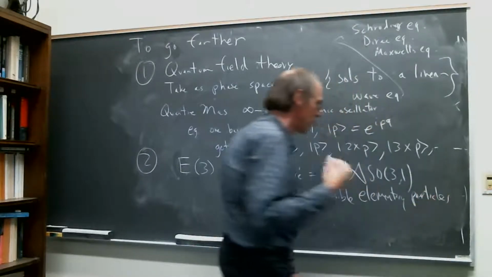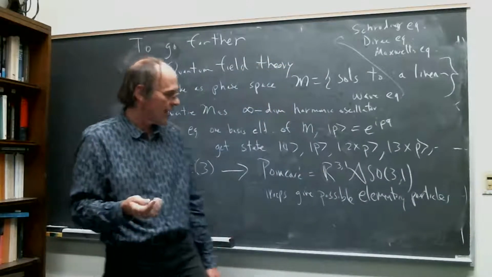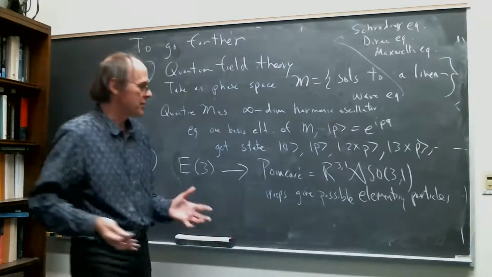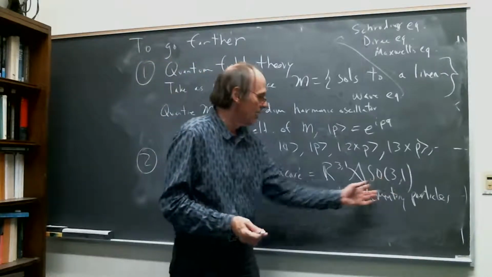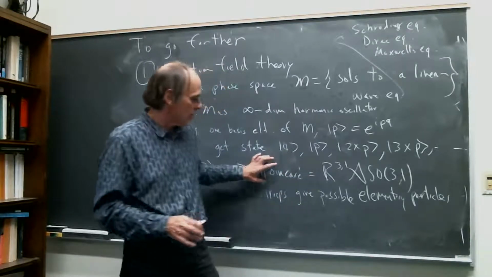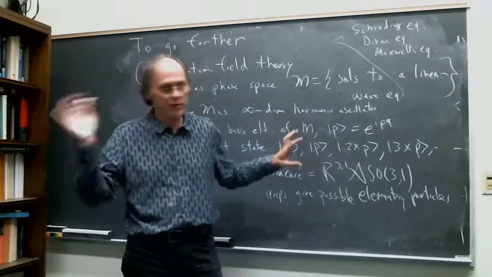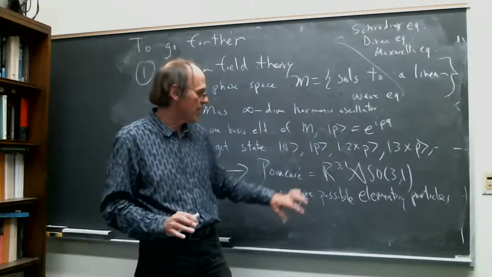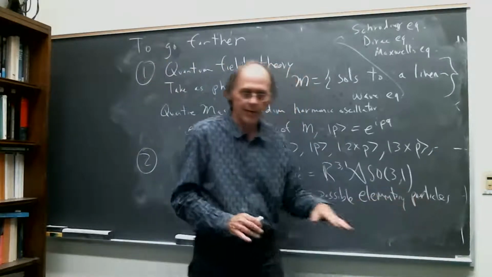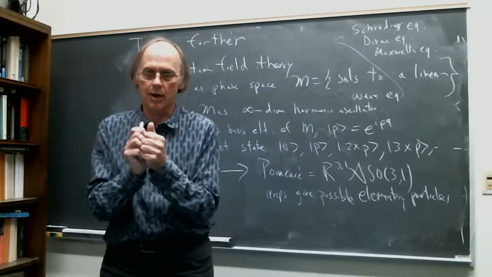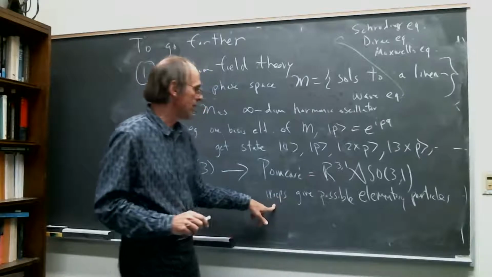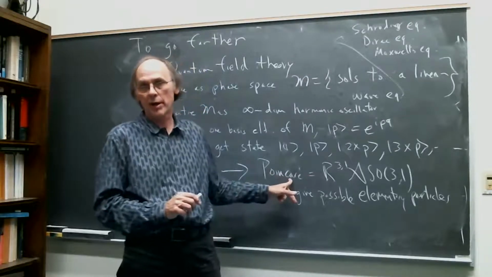So in some real sense, if you want to say that I have a relativistic theory of elementary particles, really what you're saying is that I've got a theory where the state space transforms under the Poincaré group, and I can identify states that are going to be my elementary particles, and those are going to be given by irreducible representations of the Poincaré group.